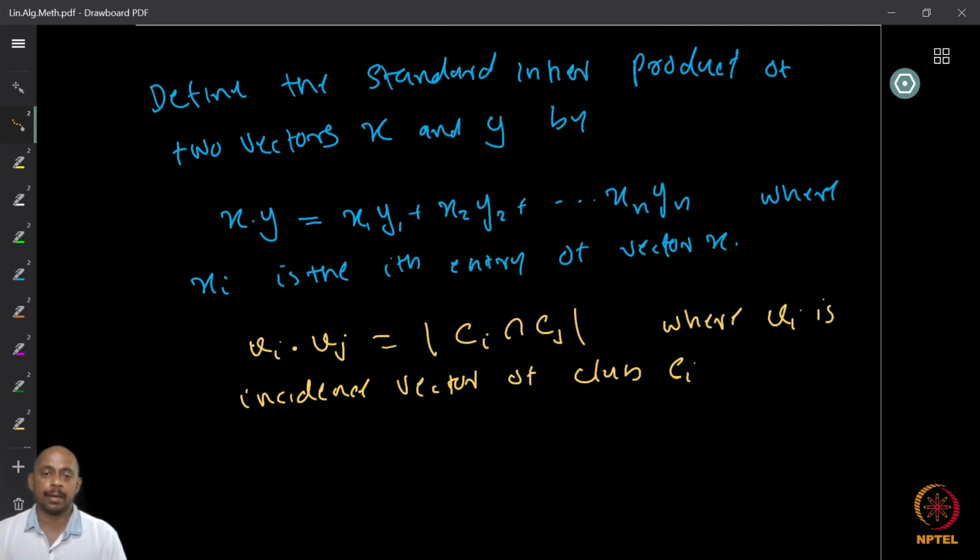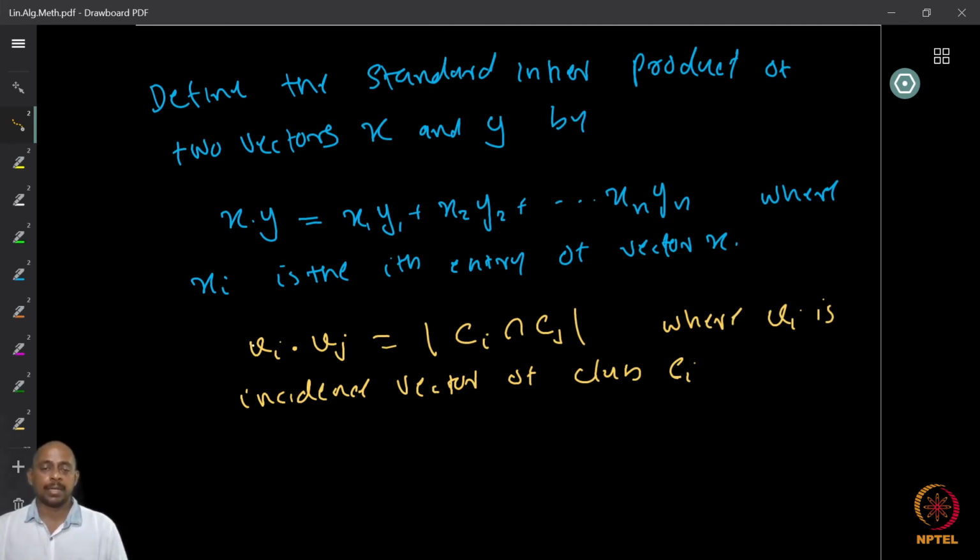Now, if you look at vi dot vj, where vi is the vector for the ith club and vj is the vector for the jth club, we have to look at the entries of vi, 1, 2, 3, etc. up to n. What is this inner product? Because it's a term by term product, if the same member is present in both, the corresponding term will be 1.